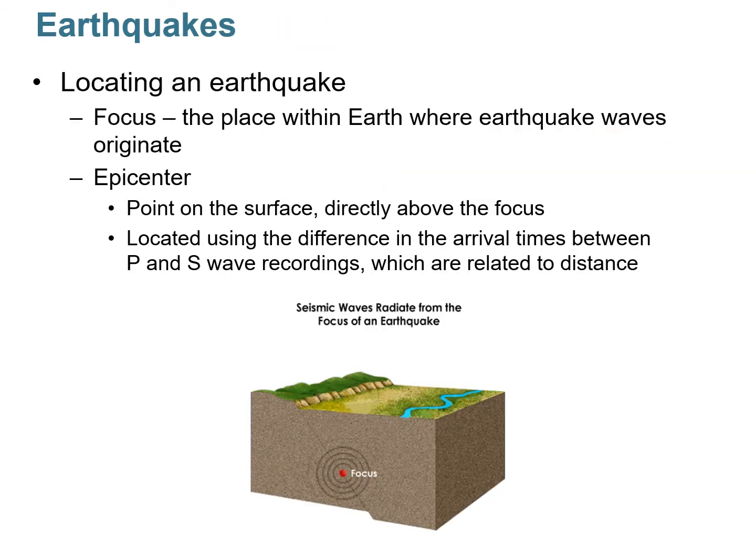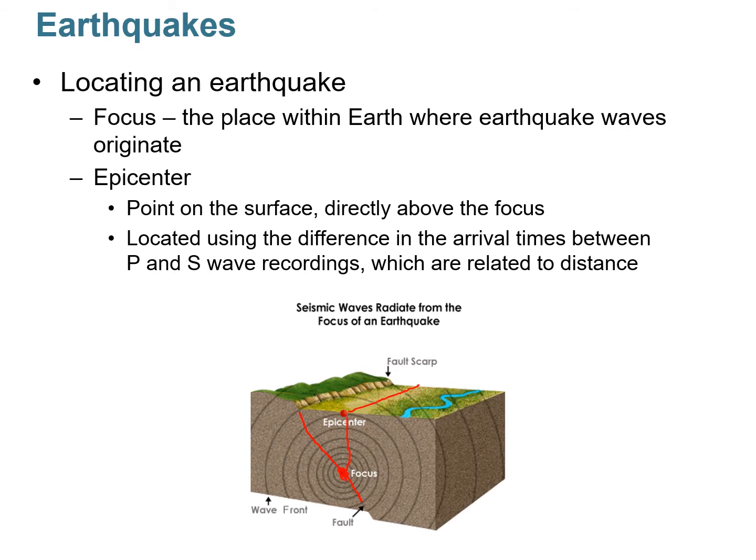Okay, so the focus of an earthquake is the place where the earthquake originates. Here, if we have a cross-section of the crust, for example, here is the fault zone. Right down here is the focus. That's where the slippage begins. And then the epicenter is the spot directly above the focus on the surface of the Earth.